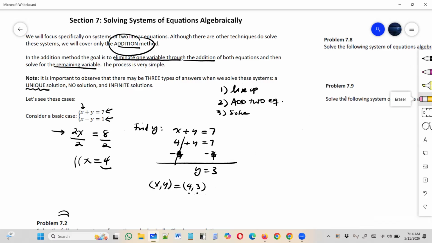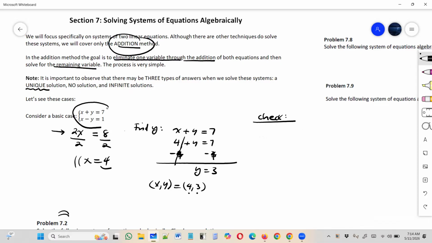Now, if you wanted to check to see if this is correct, you don't have to check, but if you do, and I'm only going to do this once for the purposes of illustrating how to check and not making the video much longer than it's going to be, all you have to do is replace the values that you found for x and y into the original equations, both of them. And they obviously both have to match.